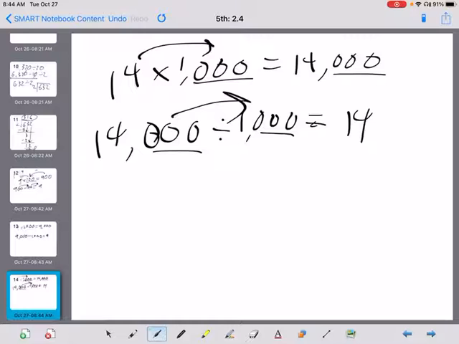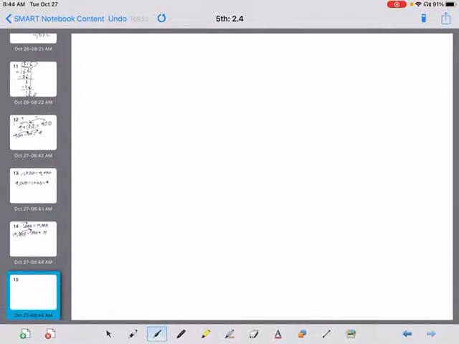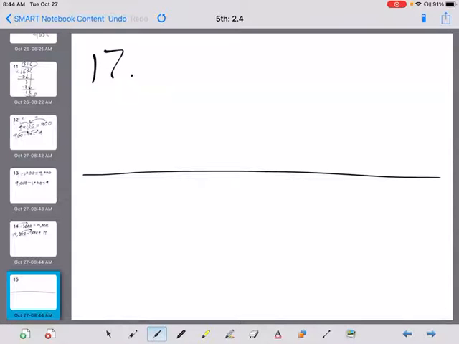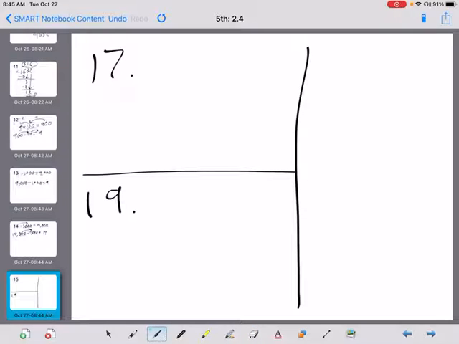You can flip over to that next page, top of page 77, a couple pages actually. So we're going to do some of those guided practices. We'll do 17 and 19, and then let's try up in this corner. We'll see if I have room for number 21. Otherwise, I can go to the next page if I need to as well.